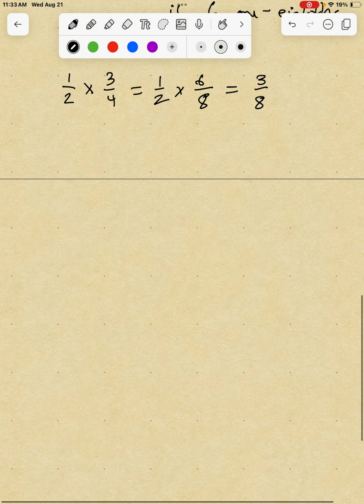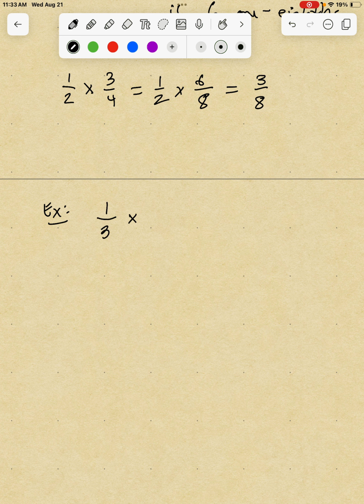Let's do another example. Let's say I had 1/3 times 15 over 4. Well, actually, this is easy because 15 is divided by 3 evenly. It's 5/4. Okay, that was just a review.